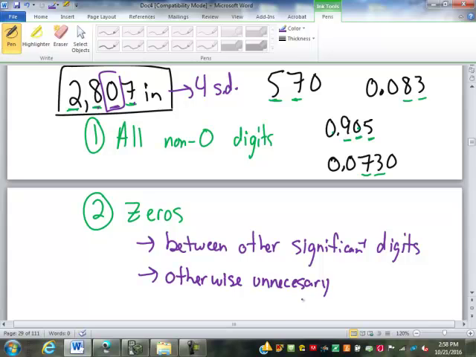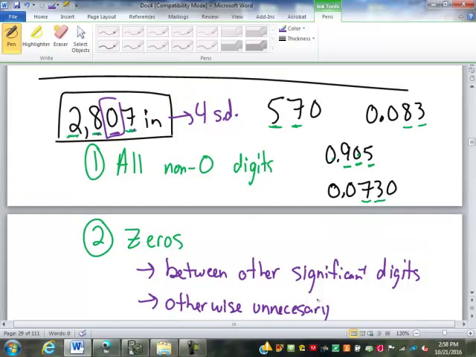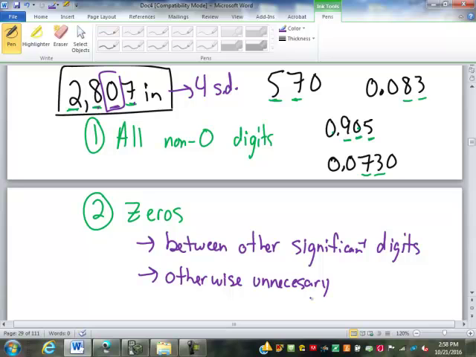Significant to most people means important. If you're significant, you're important. You'd be missed if you were gone. Well, in measurement, significant means it's part of the measurement, not that it's important to the number. So we're talking about significance or importance to the measurement, not importance numerically to the structure of numbers.